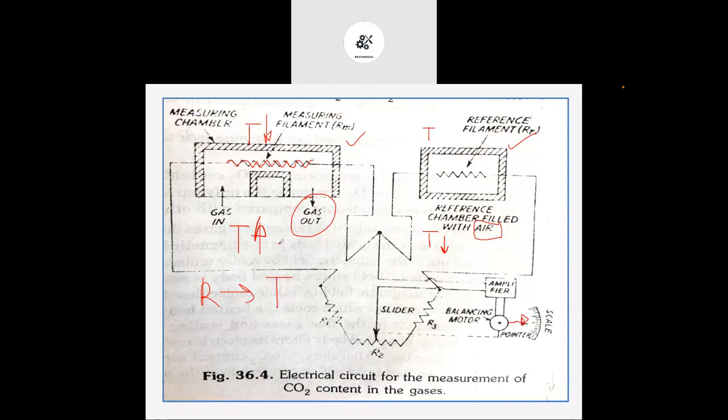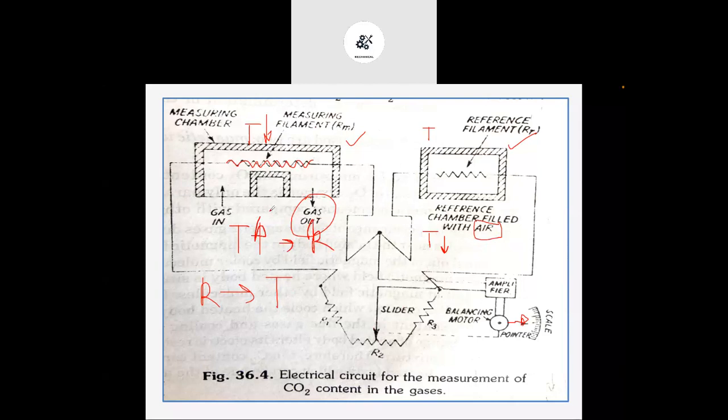So in the case of CO2, what is happening? The conductivity of CO2 is very less, so because of that, it will absorb less amount of heat. So here the temperature will be greater, and here the temperature will be less, whenever we compare these two temperatures.